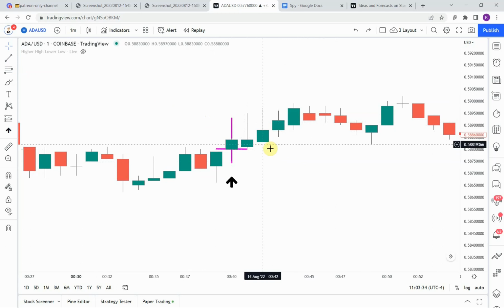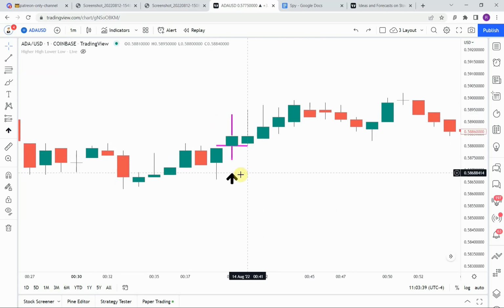The wicks note the very high of where price action went during this 1 minute time, and the very low of where price action went during this time. The highest price went during this 1 minute was at the top of this wick here. And the lowest that price went during that 1 minute time was right there. So the candle opened right here.